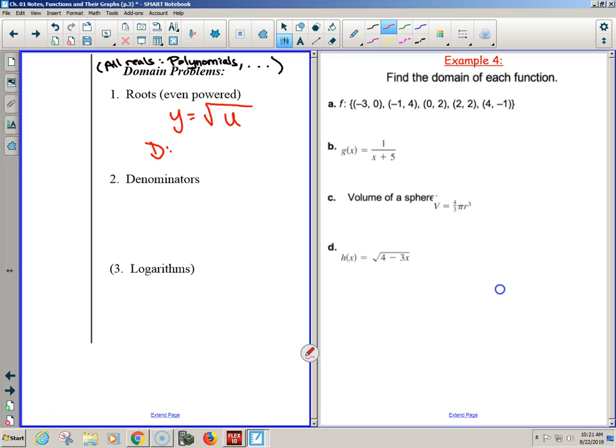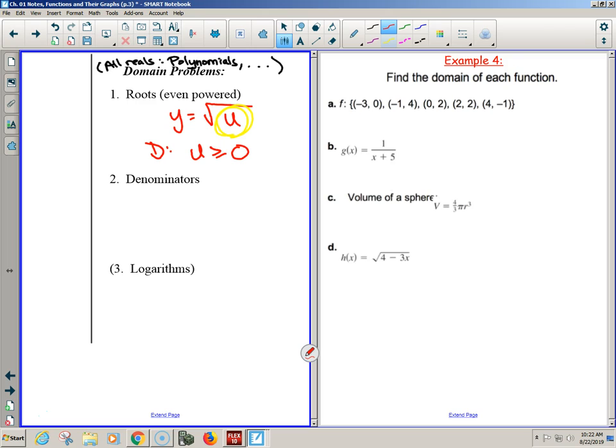You're going to take whatever is underneath that root and set it greater than or equal to 0. Are you allowed to take the square root of 0? Yeah, you are. What's the square root of 0? 0. I don't mind 0. What do I mind underneath square roots? Negatives.